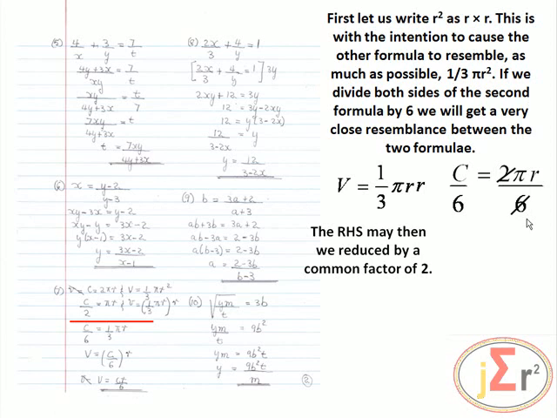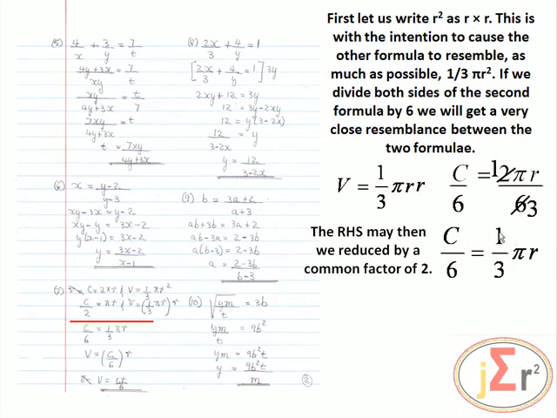So we have that 2 into 6 is 3, and 2 into 2 is 1. So we have 1/3 pi R. So we have C over 6 is equal to 1/3 pi R. Look at this now. 1/3 pi R. And look at this, 1/3 pi R.